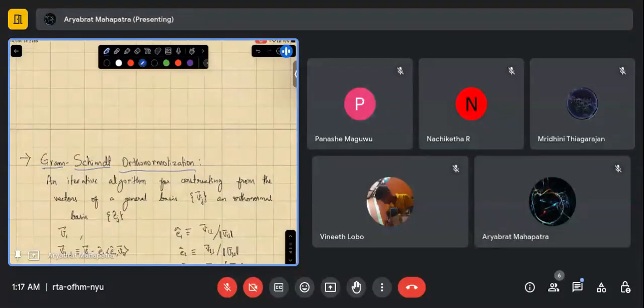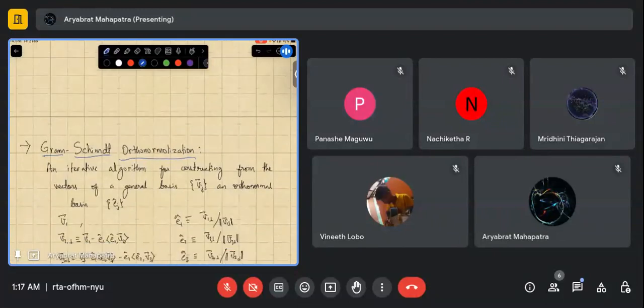There was another topic I think that was introduced this week, that is Gram-Schmidt orthonormalization. What this technique is all about is an iterative algorithm to construct an orthonormal basis e_j from vectors forming a basis, vectors v_j, which are not in general orthonormal to each other.